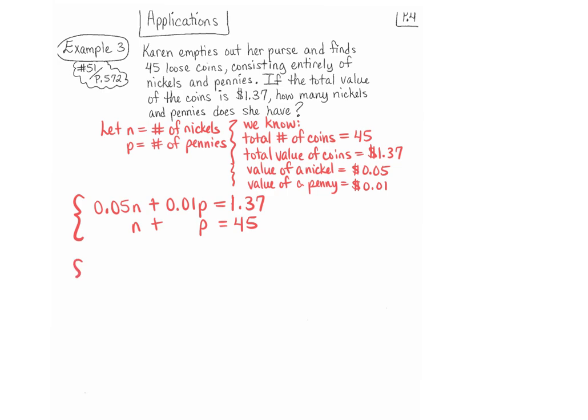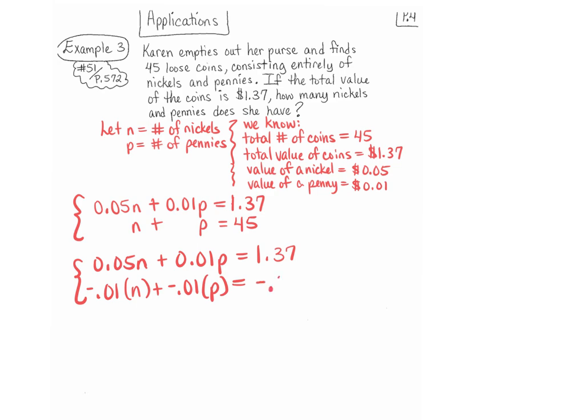If you want to eliminate the pennies, is equation 1 changing? No. So 0.05 N plus 0.01 P equals 1.37. What are we multiplying equation 2 by? Negative 0.01. So negative 0.01 times N plus negative 0.01 times P equals negative 0.01 times 45.